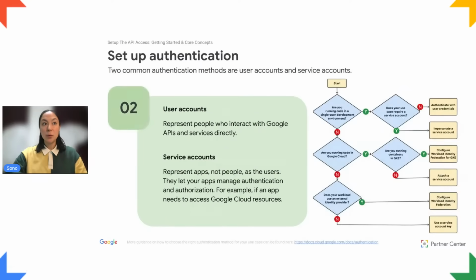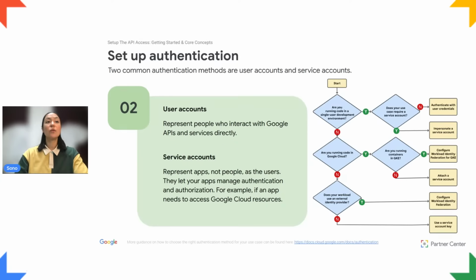Brilliant. The next step would be to make a decision on who is able to call the API, which is either done by a user account or a service account. If you have a user account, it needs to be added to the Google Ads account or the destination account. Or if you have a backend integration which represents an application, that is a service account and not a person, it uses a key file, a JSON file, to authenticate in the background.